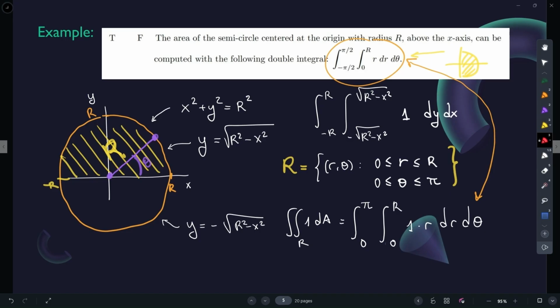So my answer here is going to be true because they have the same area. So if they're asking me, is this integral giving me the area of a semicircle like this, the area of that semicircle is the same as the area of this semicircle. So that is true. If they were asking me, is this region really describing this semicircle? The answer would be no, because it is describing the semicircle east of the y-axis instead of the semicircle north of the x-axis.